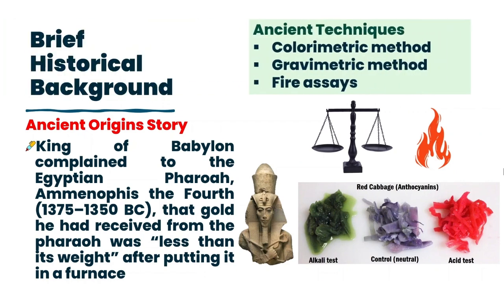They had already developed the ancient techniques of the colorimetric method, a way to know the purity of any substance, and color determines the identity of the substance. Gravimetric method, or knowing the composition of every mixture by way of weighing, and fire assays.